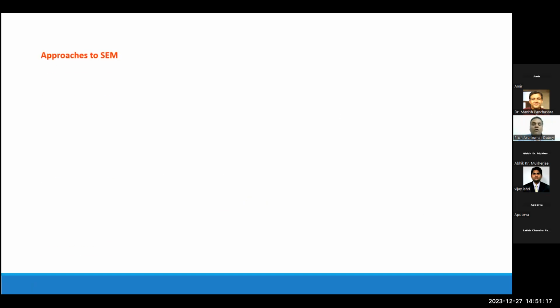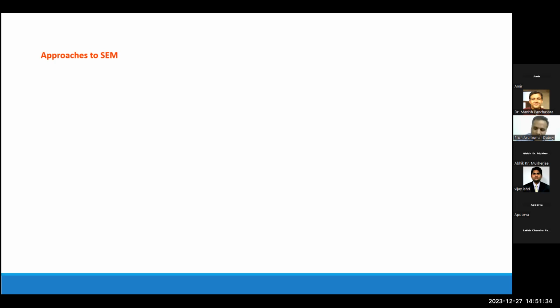Okay. So now, approaches to SEM. Now this workshop is on partial least squares structural equation modeling. You call it PLS-SEM, PLS-PM, or composite-based SEM.